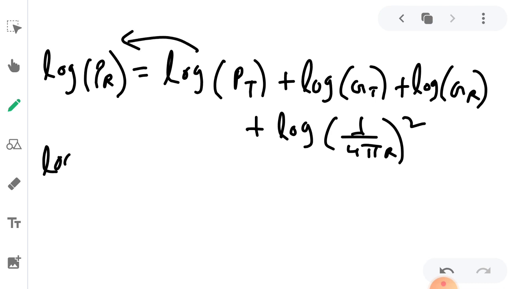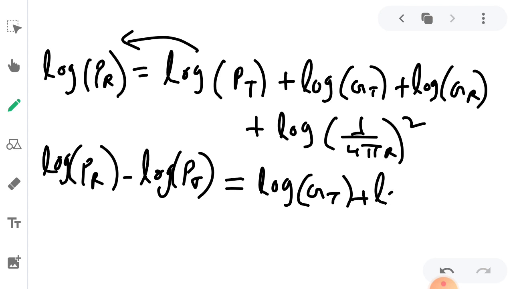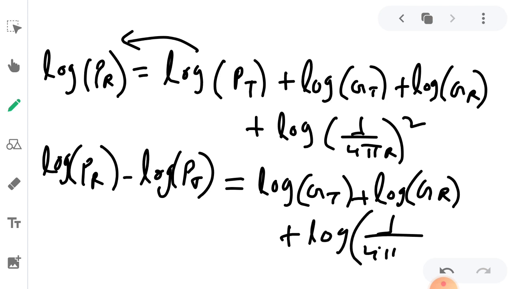So we get log of PR minus log PT, which in a single step we can write as log PR by PT, and log GT plus log GR remain the same, plus log of lambda by 4 pi r whole square.